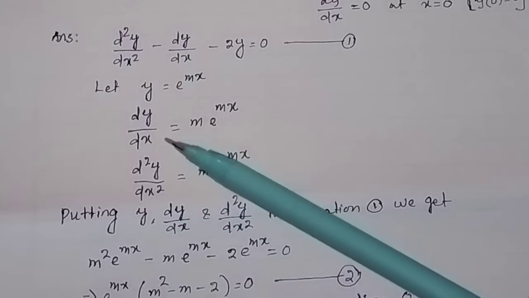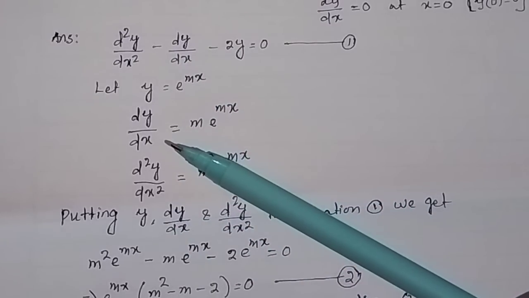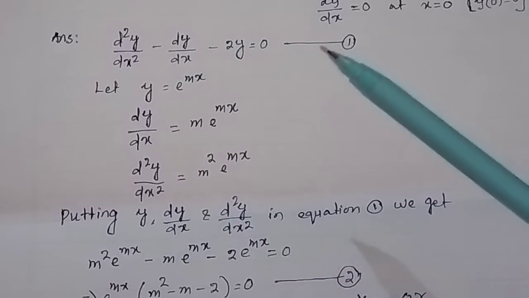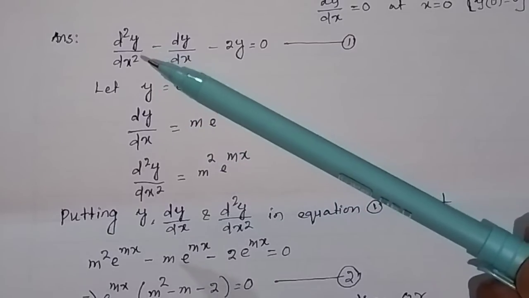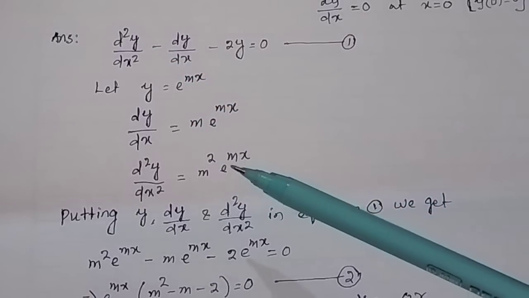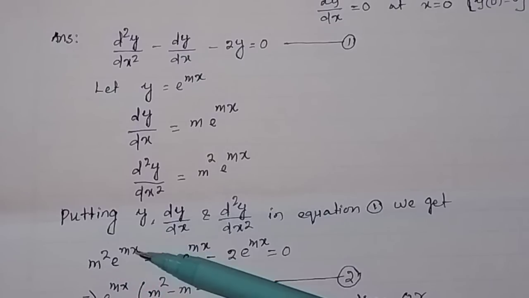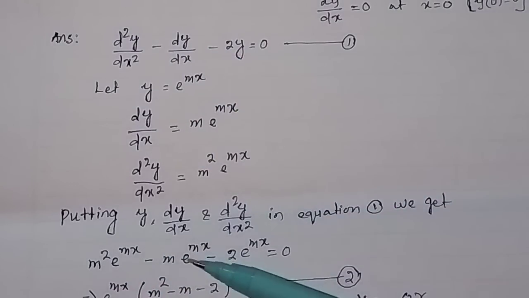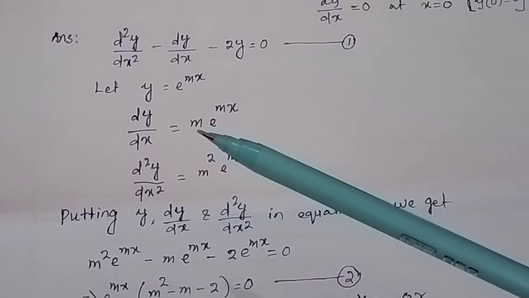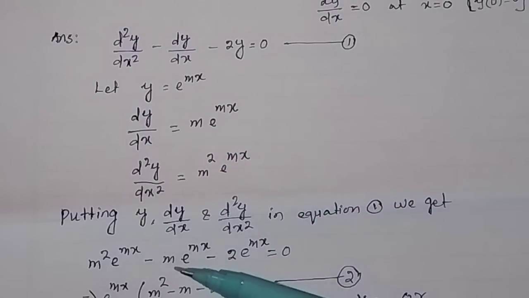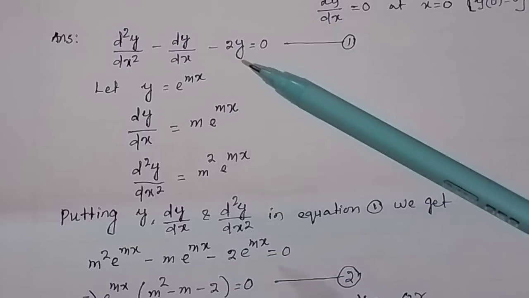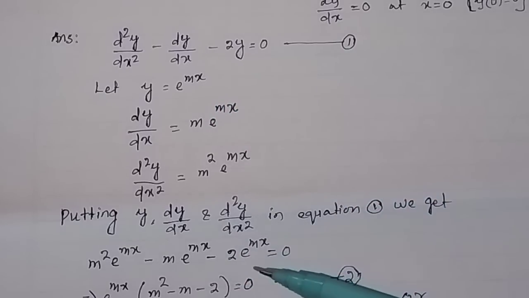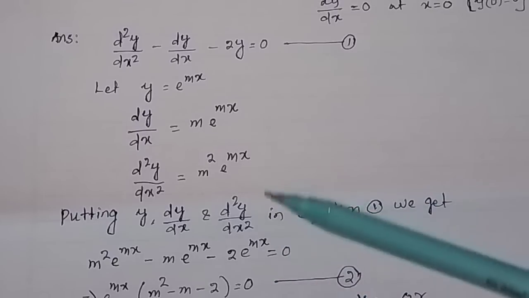So if you put the values of y, the first derivative and the second derivative in this equation, then you will get m square e to the power mx, minus the first derivative, so minus m e to the power mx, minus 2 into y. So 2 into the value of y, which is e to the power mx, that will be equal to 0.